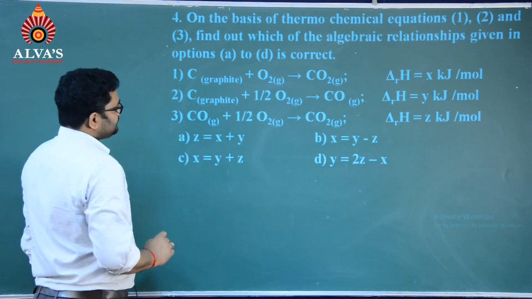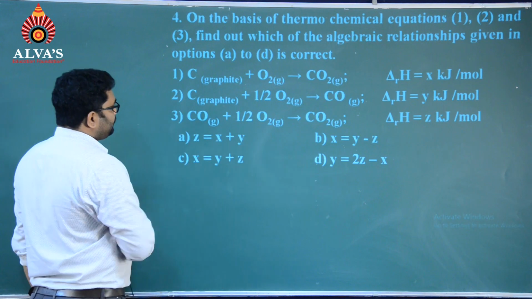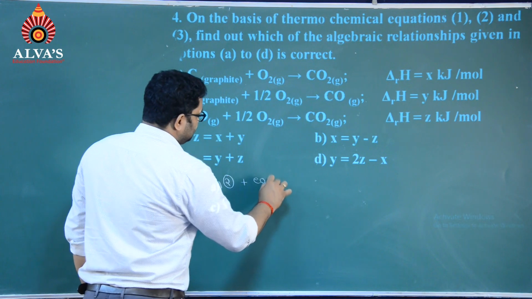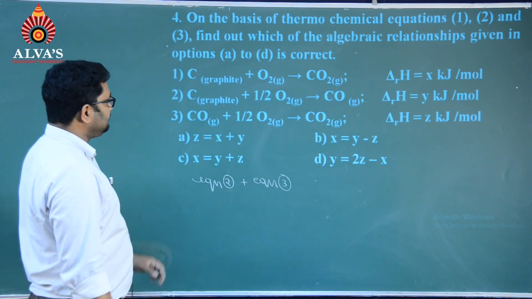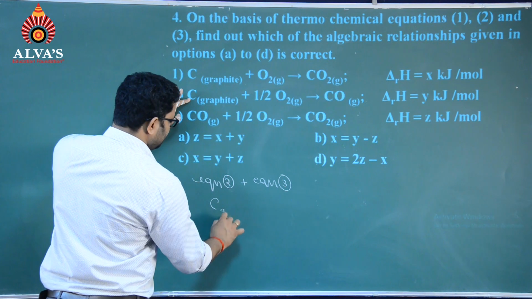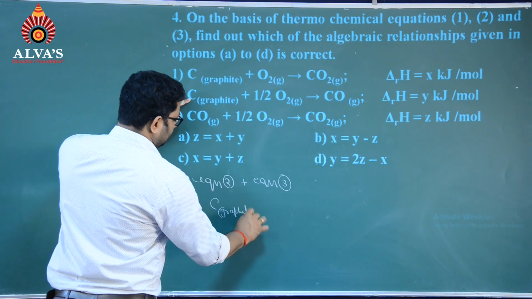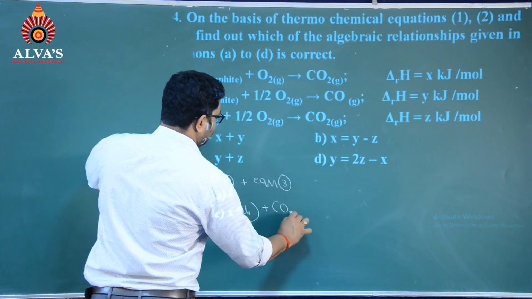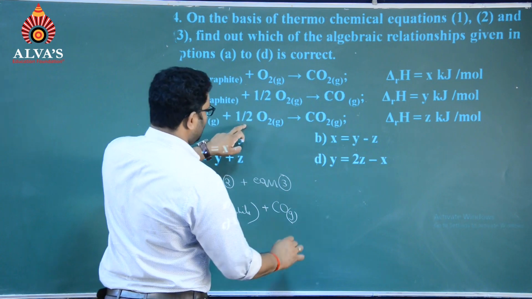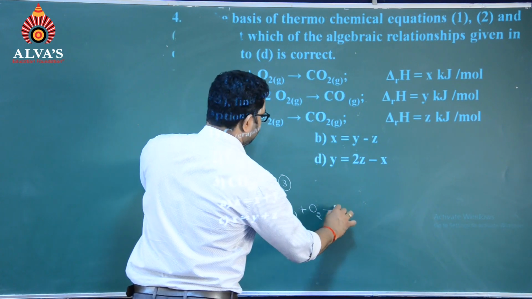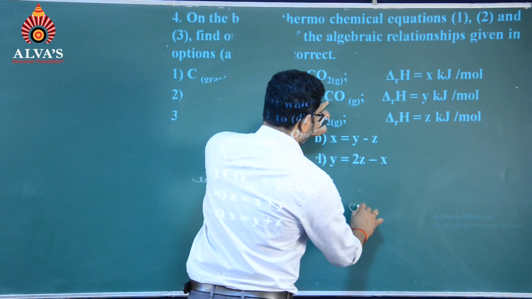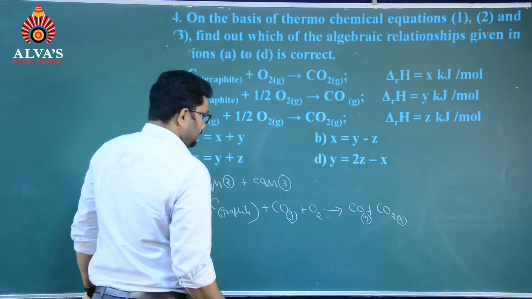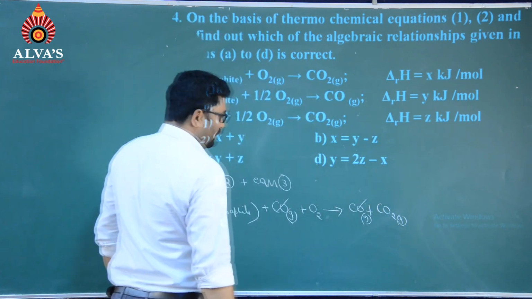The solution part is, students, when you sum equation 2 and equation 3, carbon, that is graphite, plus carbon monoxide gas, plus half O2, that is 1 O2, the product is carbon monoxide plus carbon dioxide gas. Now, both sides we have carbon monoxide.